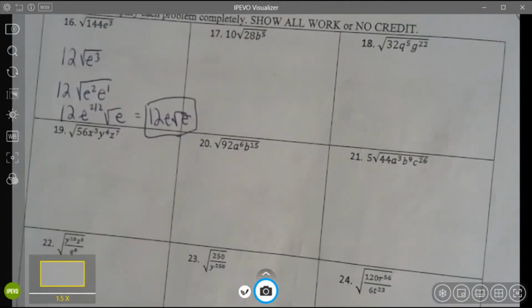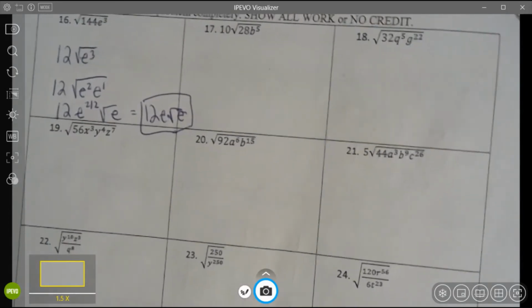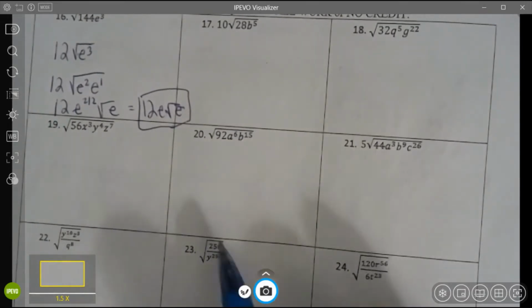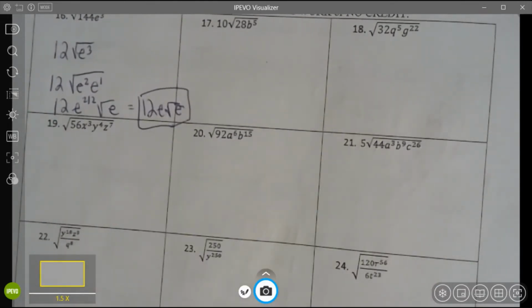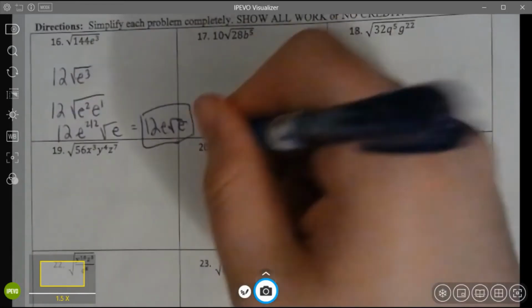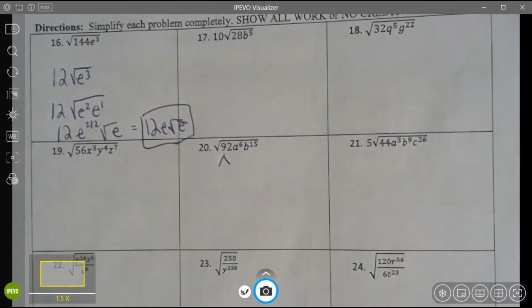Let's do 20. So for 20, 92, we can start by splitting that up. We want to split 92 into its prime factorization.